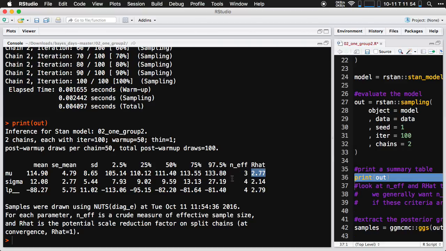In fact, they're very small numbers. That means that I likely haven't done enough effort in searching the lake. I haven't spent enough time searching the lake. So I wouldn't want to trust the numbers in this table very much.